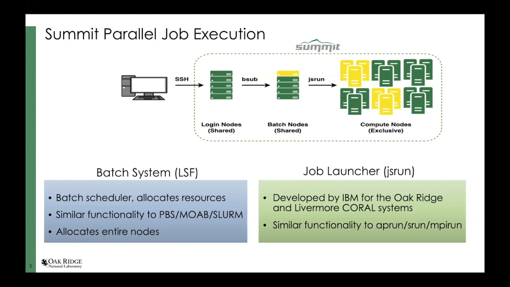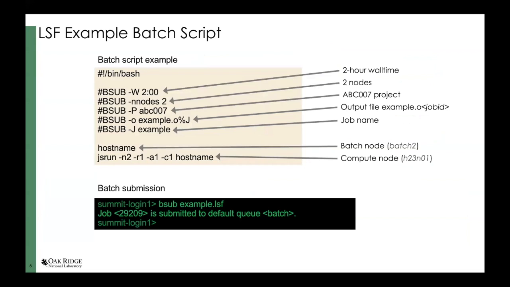It's similar in functionality in that it will take a binary and launch it on the compute nodes and let you control the layout, the task, what it sees and where it goes. But JS_run is a little different than some of those tools. So while LSF is pretty close to other batch schedulers, JS_run has some notable differences that I want to spend a little time on. So let's start with LSF.